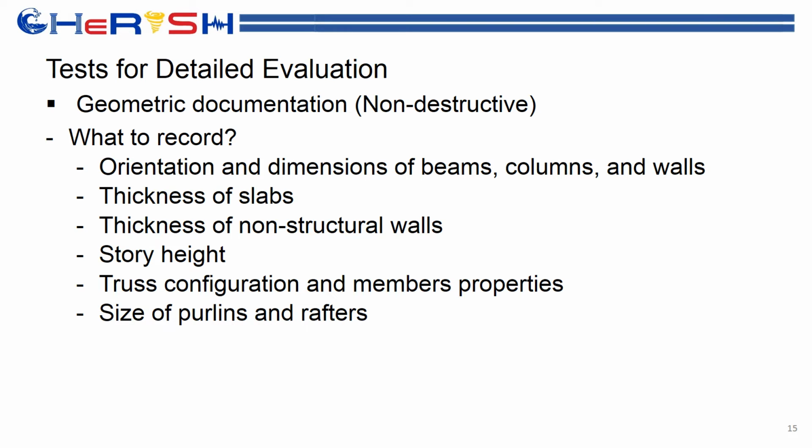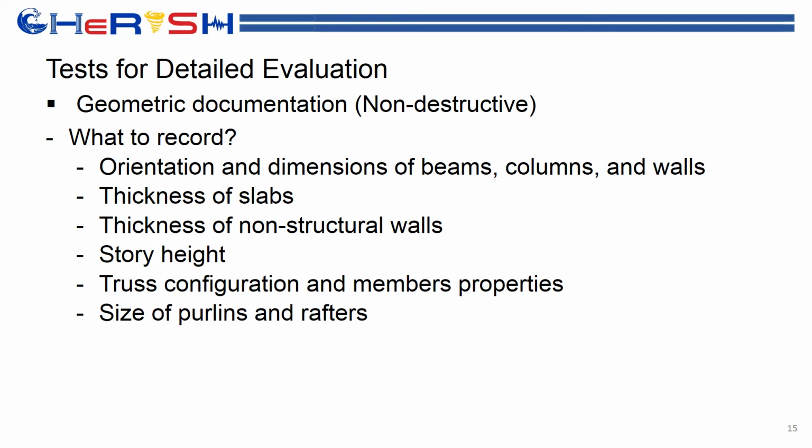And then if the building has some roof trusses, then we need to determine the truss configuration and measure the properties like sizes and thickness of these members, and then sizes of purlins and rafters as well.